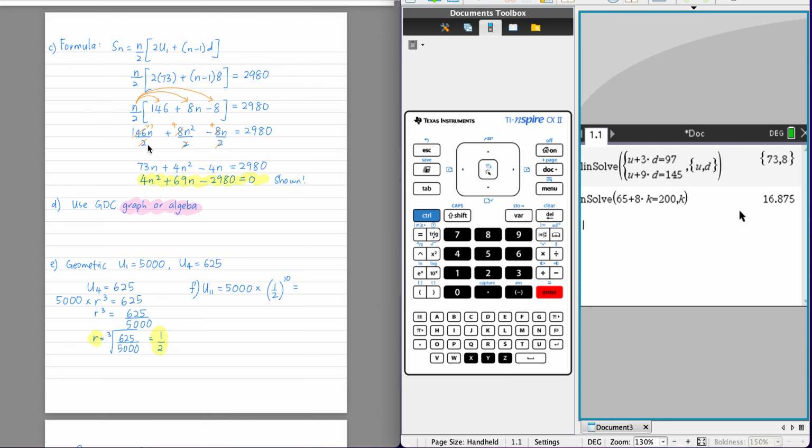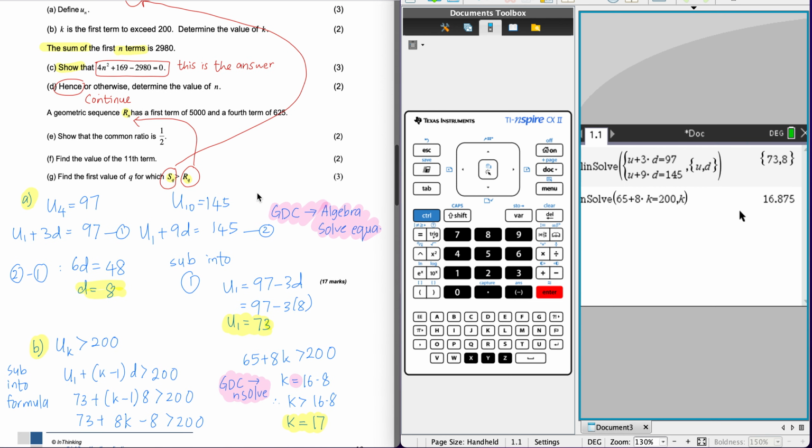So I do some algebra: 146n over 2, and 8 times n is 8n squared, which gives the square, and 8n divided by 2. Equal to 2980. From that, I get 73n plus 4n squared minus 4n equals 2980. Rearranging, it's supposed to be 69n, not 169 just now. So it is shown.